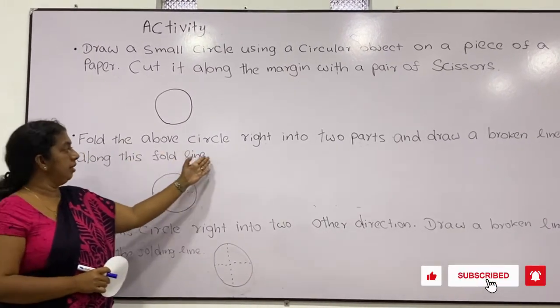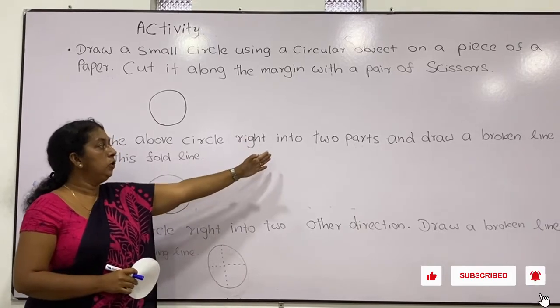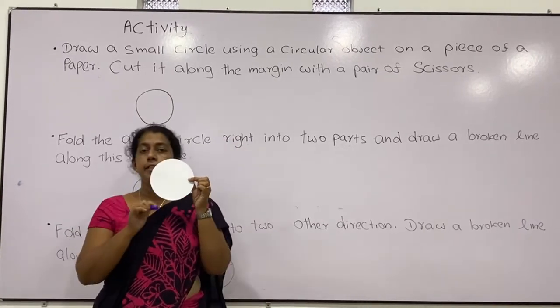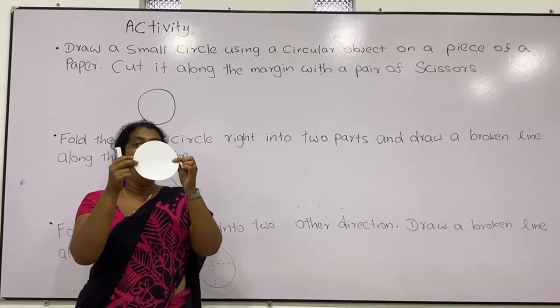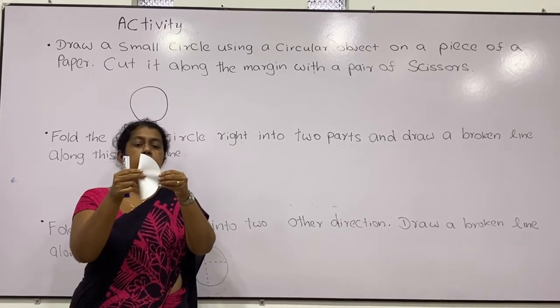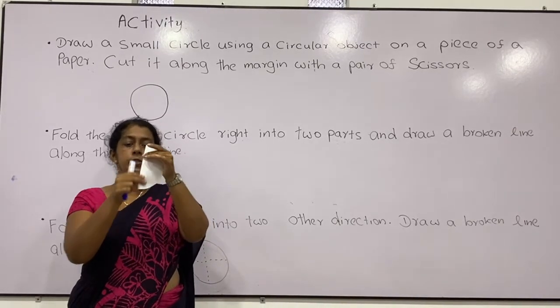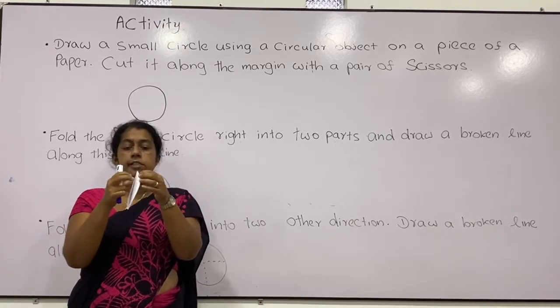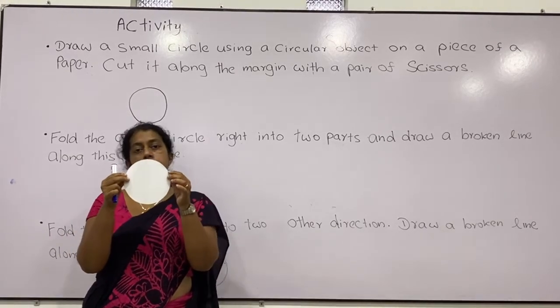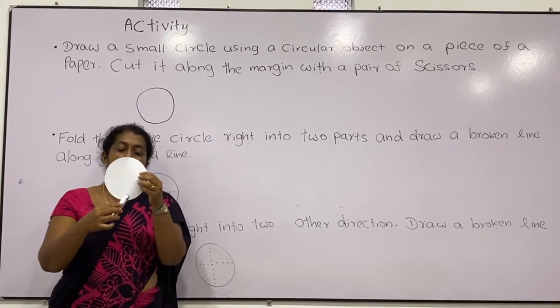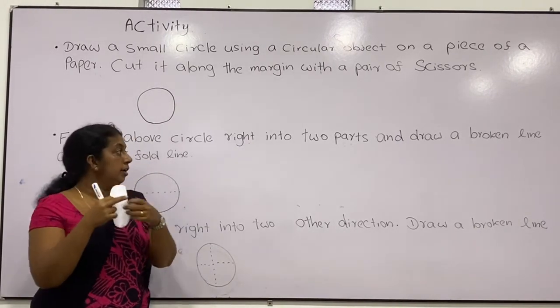Now look at the second step. Fold the circle into two parts. Now you have to take your circle and fold it this way. You have to fold it into two equal parts. Okay. Now when you unfold this, you will have two equal parts, and you will see there is a folding line here. Right.